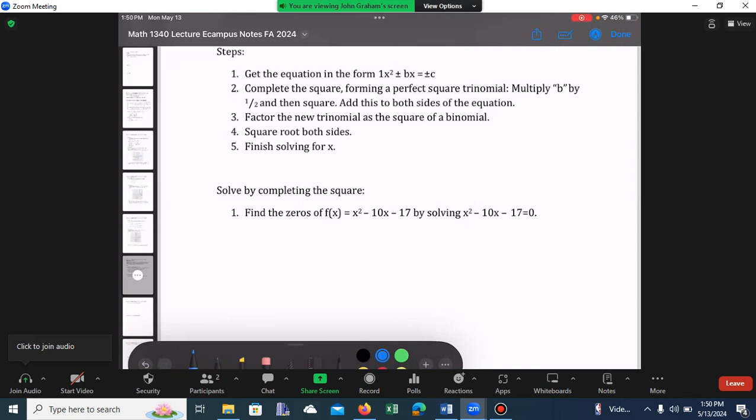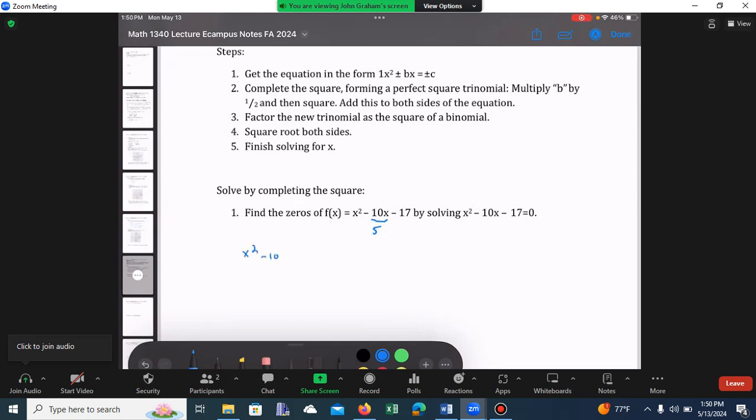But x² minus 10x minus 17. We're going to look at just the first two terms, and especially that 10x. We're going to take half of that 10x, so half of this is 5, and we're going to square it. And we're going to add it to both sides of our equation.